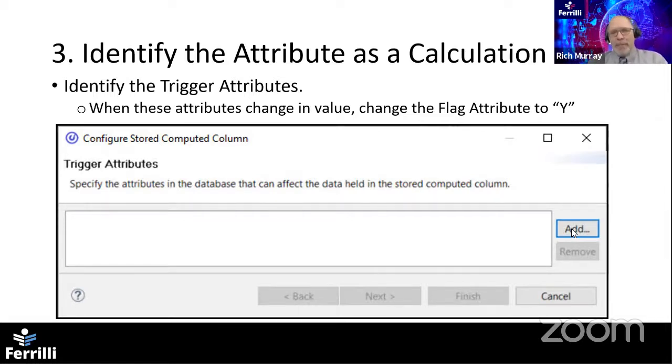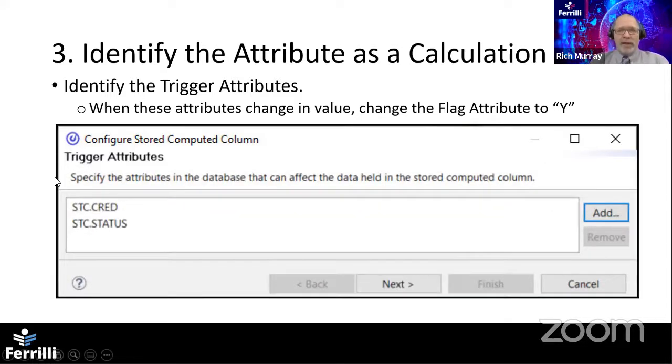When should we make this calculation? When any of these trigger attributes that you list here change in value. So the system kind of monitors these, and if it detects a change, then it actually sets our flag field to yes, it's time to recalculate.